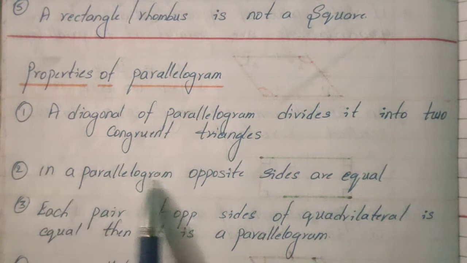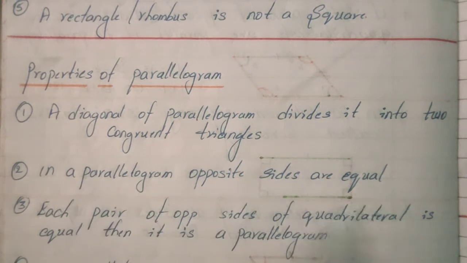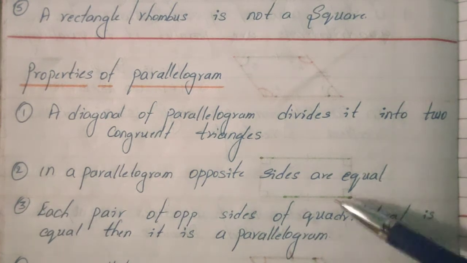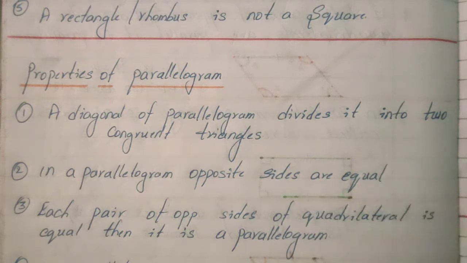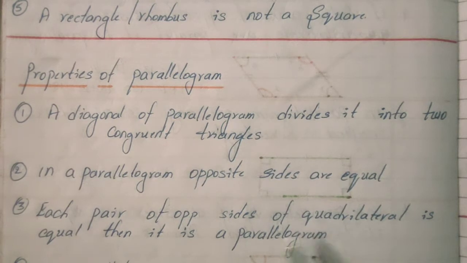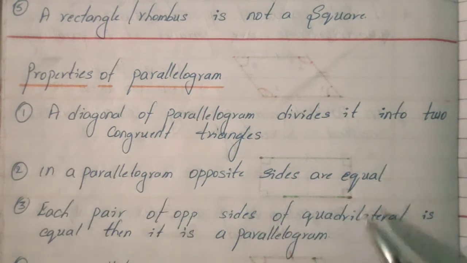Next, in a parallelogram, opposite sides are equal. Suppose each pair of opposite sides of a quadrilateral is equal, then it is a parallelogram. It is a corollary of this statement. Okay, I am telling it in reverse order. If a quadrilateral's opposite sides are equal, then it is a parallelogram. In a parallelogram, opposite sides are equal.